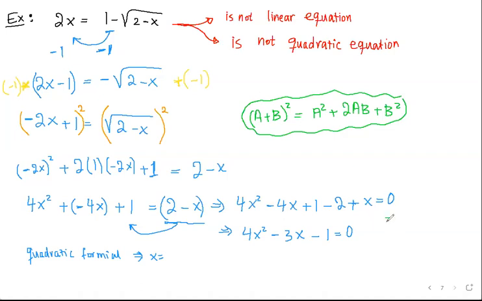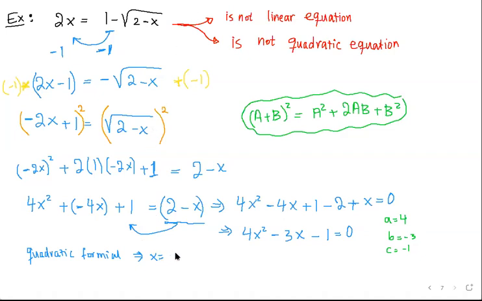What is my a? It is 4, right? What is b? The coefficient of the second term, minus 3. What is c? It's minus 1. Now let me do it using the quadratic formula.